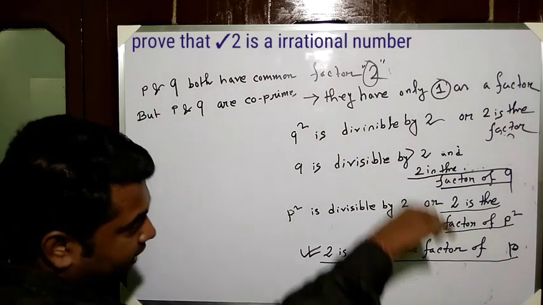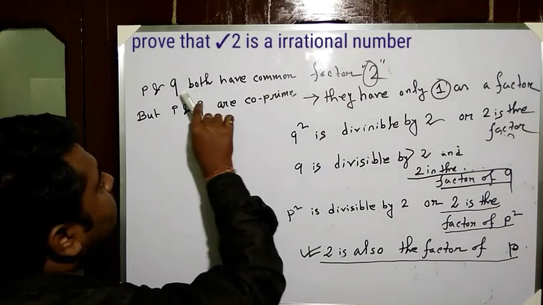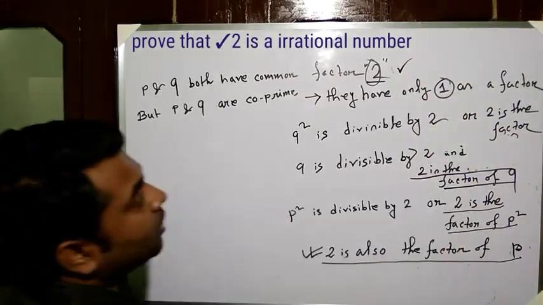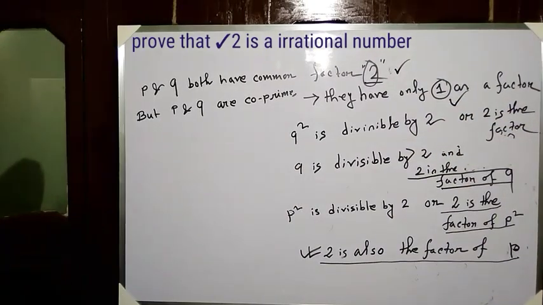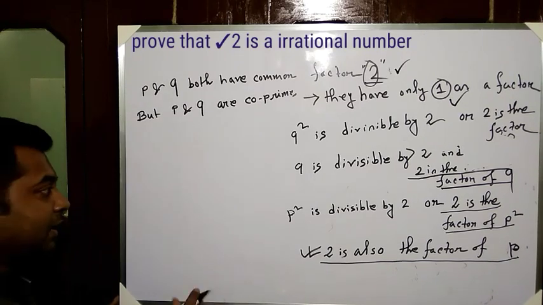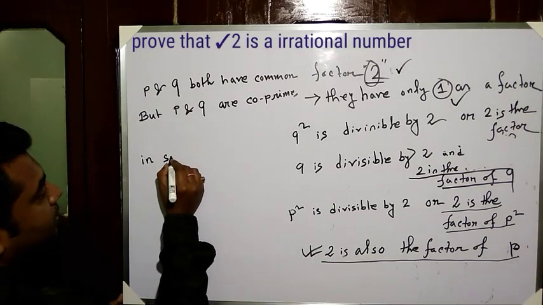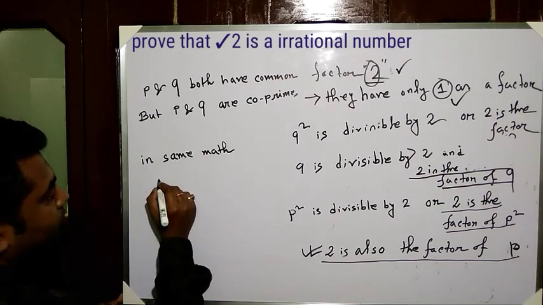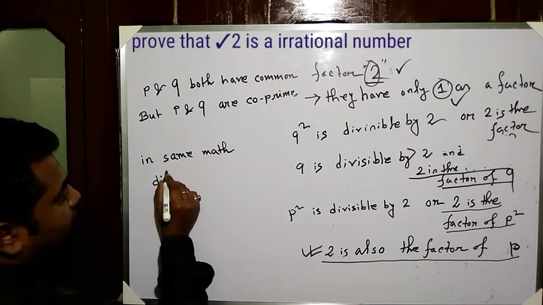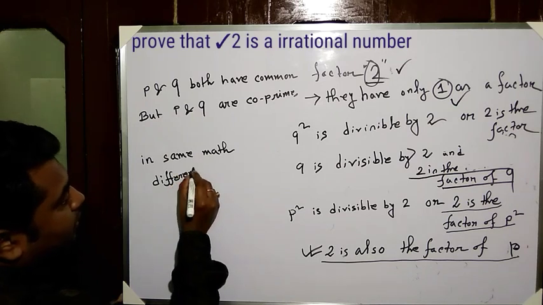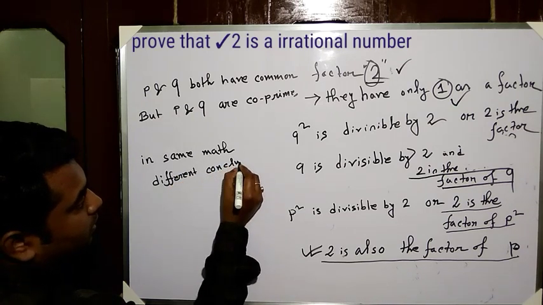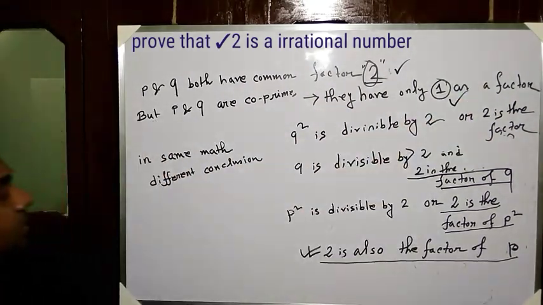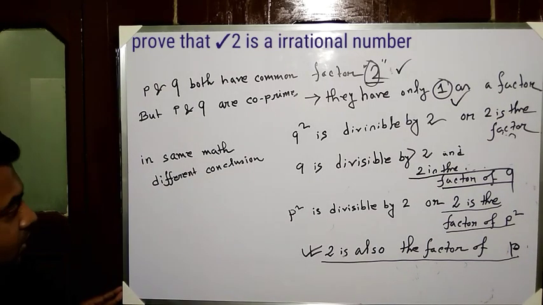But here, after calculation, what we learn? p and q both have the common factor 2. Either this statement is correct or that statement is correct. In the same math, different conclusion. Either 2 is the factor or 1 is the factor.